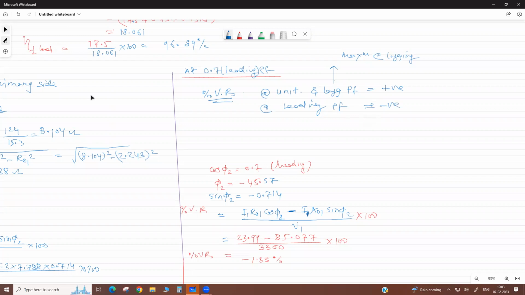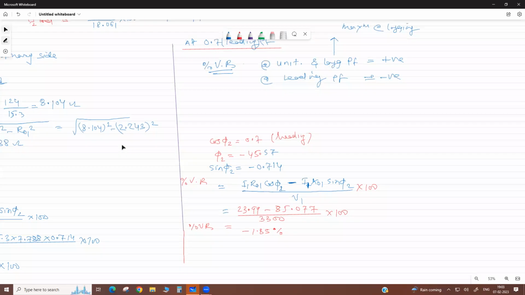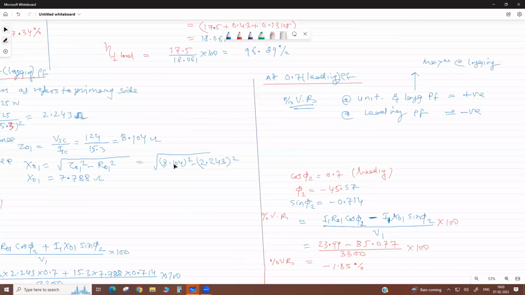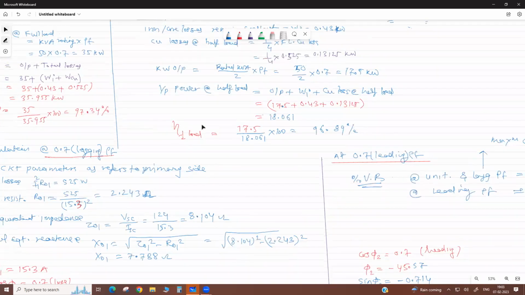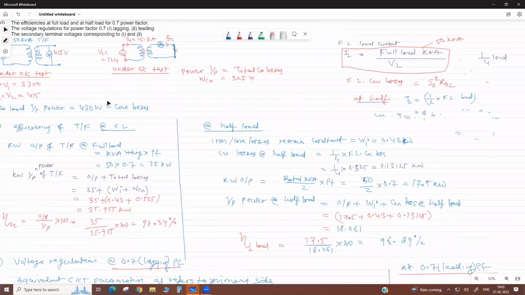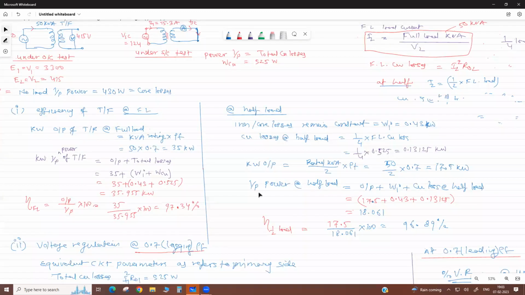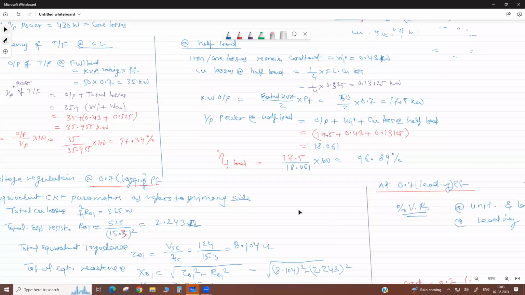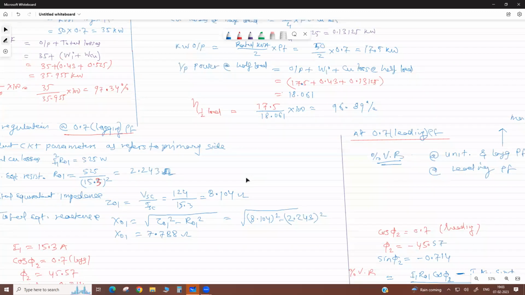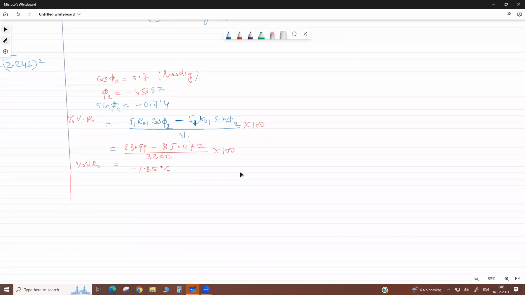Okay, it means due to capacitive load. Leading power factor means when we connect a capacitor load at the transformer secondary, due to capacitance the terminal voltage is increased. You know, in transmission lines, in your engineering course, you have studied the Ferranti effect. What is the Ferranti effect?